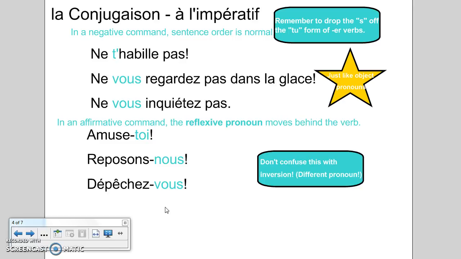So you only use a pronoun on the end of the verb like this as a command if it's a reflexive verb. In theory, we dropped that subject pronoun. So the pronoun that you see there, that dépêchez-vous, that's not a question. That's a command to hurry up. If it was a question, there would be another pronoun in there. It would be vous dépêchez-vous. Okay, and if that seems confusing, I can show you a couple of examples in class.